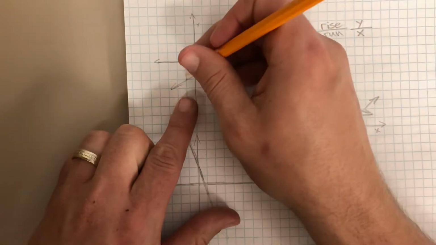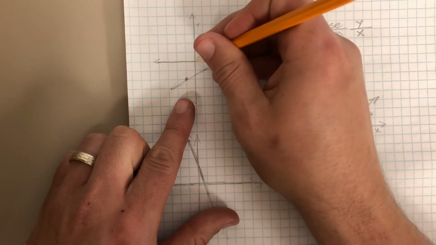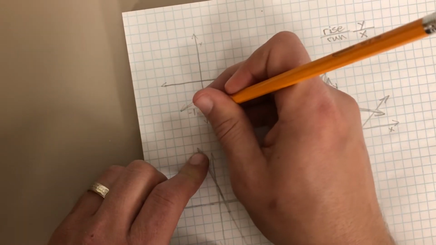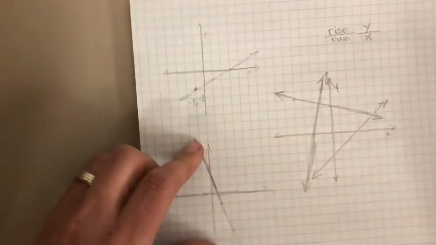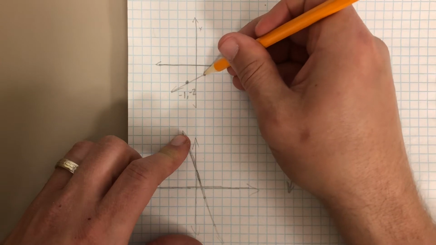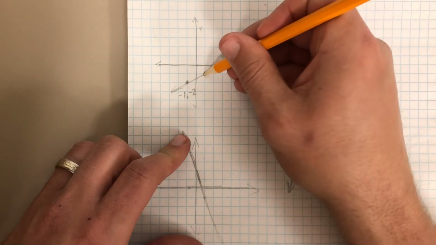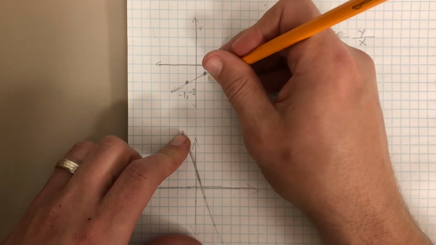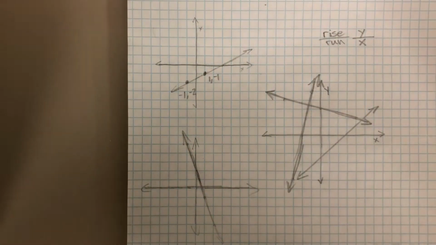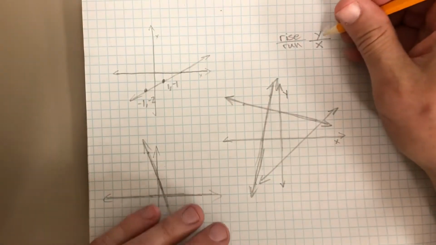So let's take a look. This point right here is point (-1, -2). Now at the next intersection, which is right here, we're at point (1, -1). Like I said, it is the change in y over the change in x.